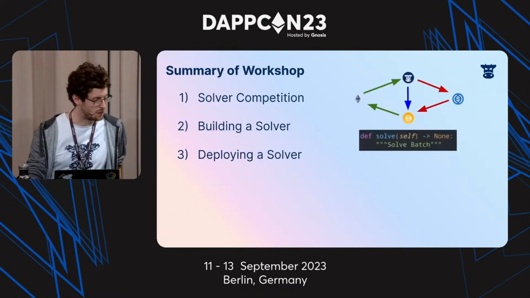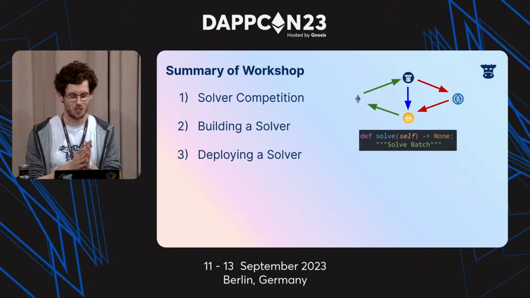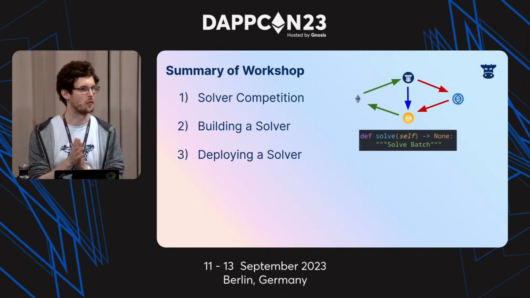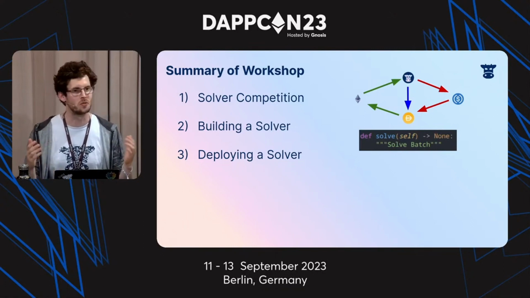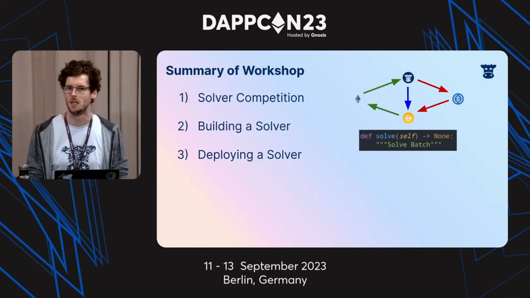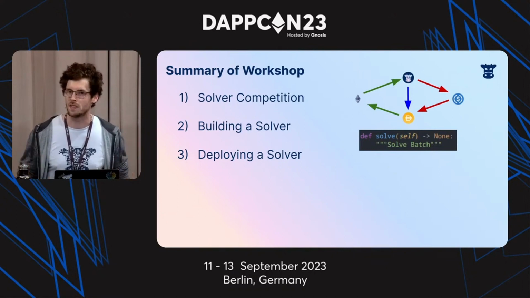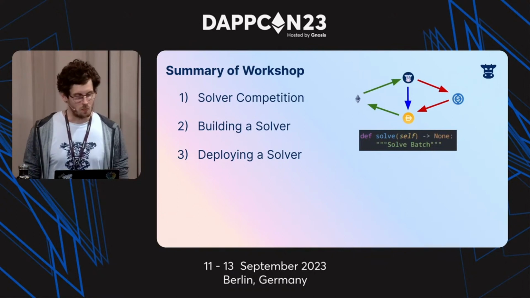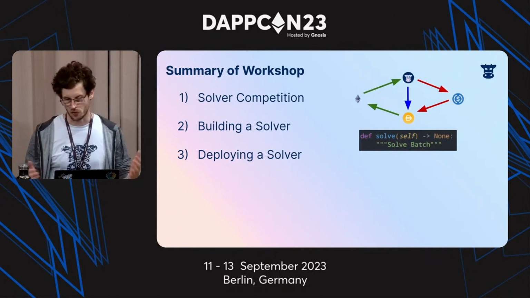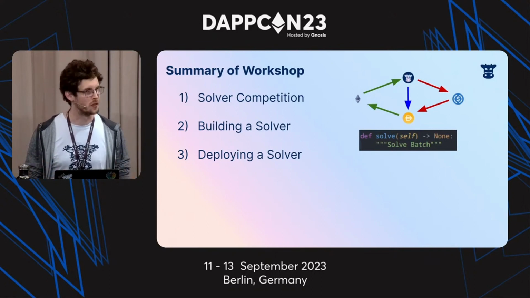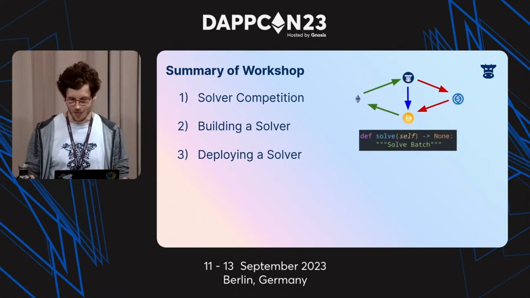Okay, just to briefly summarize what I talked about. I talked about what the solver competition is. So solvers try to match user intents as good as possible. Who matches it best wins. I talked about how you can build your solver starting from a template, and the essential part is you only have to define that solve function.